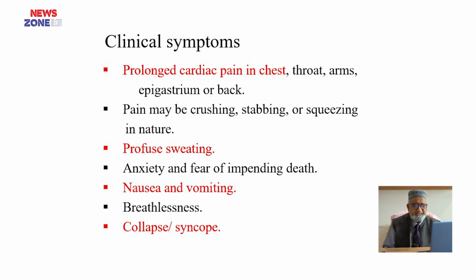So, if the clinical symptom is seen, then immediately you do the cardiac markers, especially troponin I and troponin T, then you can diagnose the patient very efficiently, though the ECG changes appear a bit slow.